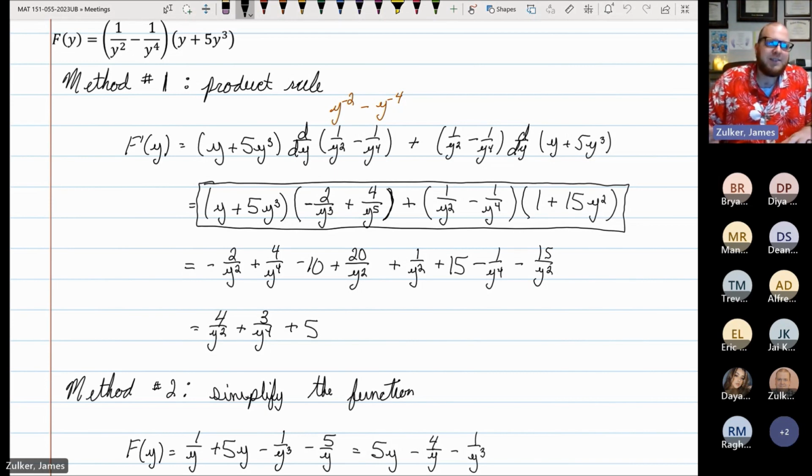I generally like to take the easiest path. And the whole point of this section is to get used to product and quotient rule, though. So I'll be sticking to product rule just so we get the hang of it, because there are going to be functions in the future that you have to use product rule on.